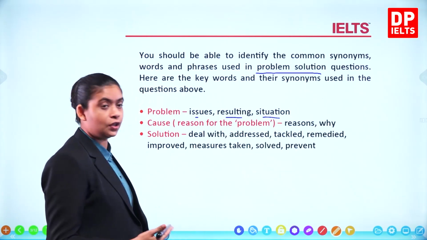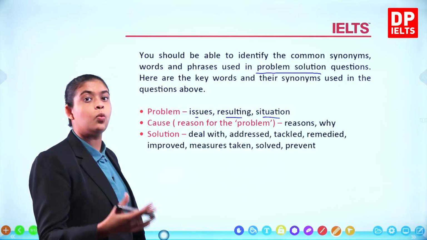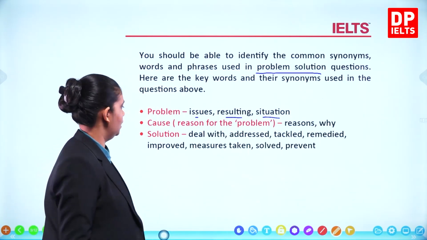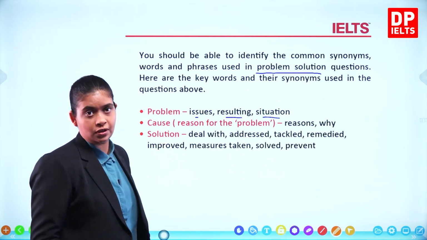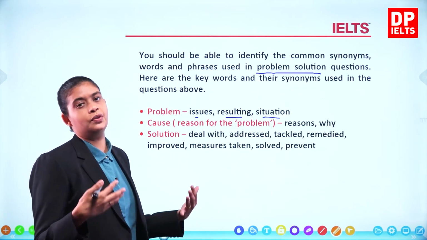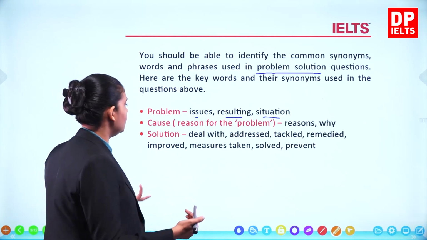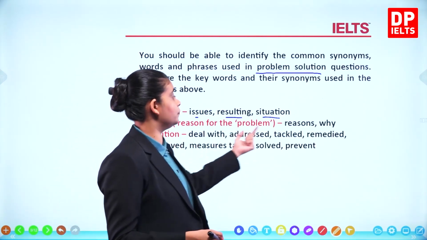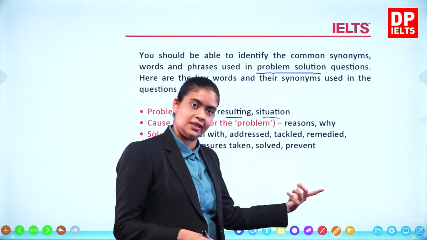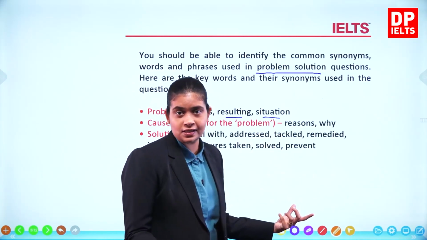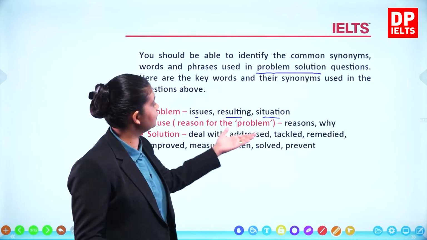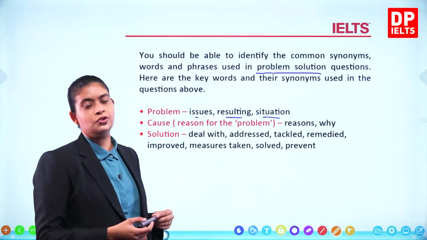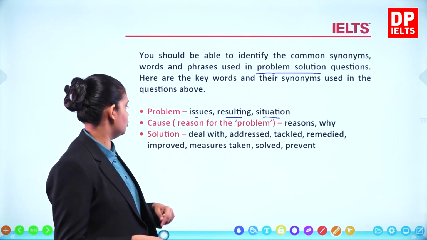For cause they could use the reasons or why would this happen. If they want the solution, they could ask you straight away what is the solution, or they could ask how would they deal with this, how would they solve this, how would they prevent this, how would they tackle the situation. So these are the different words that could be used to bring out solution, okay.